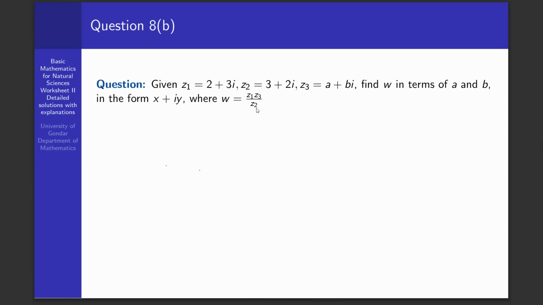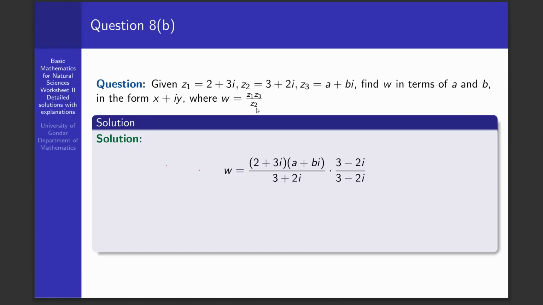So to do this, first let's find z1 times z3. Let us substitute z1, z2, and z3 like this. We have 2 plus 3i, that is z1, times 3 plus 2i, multiplied by this one over this.